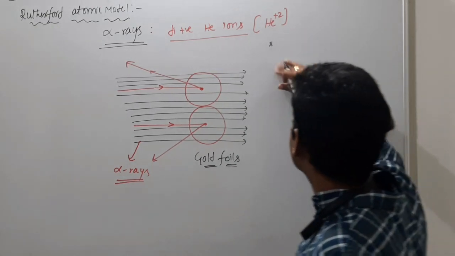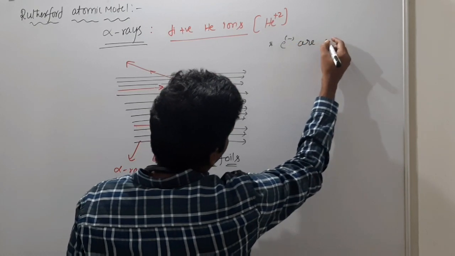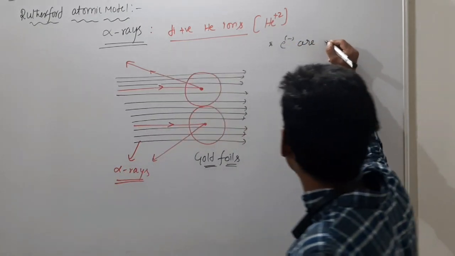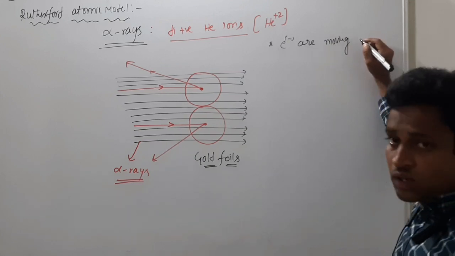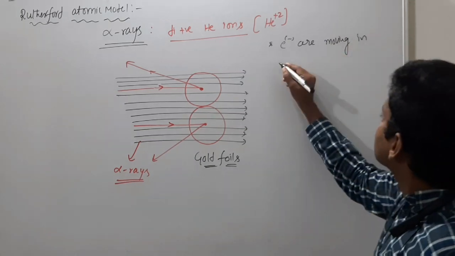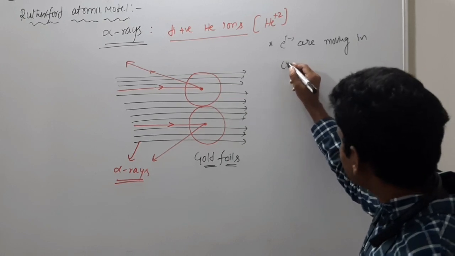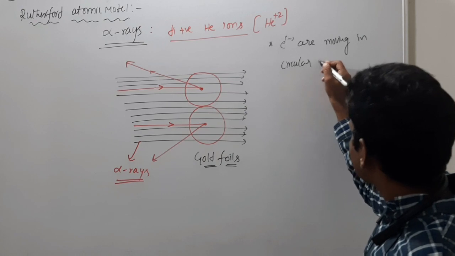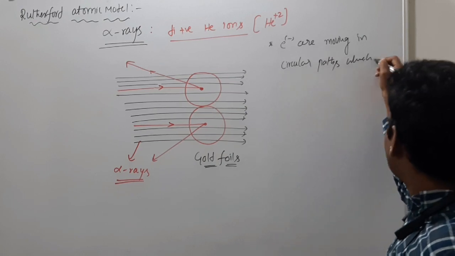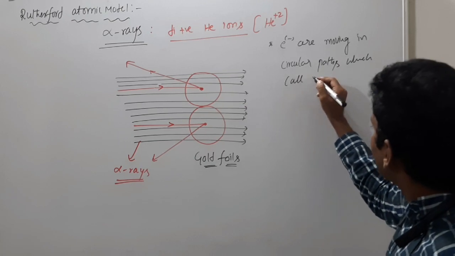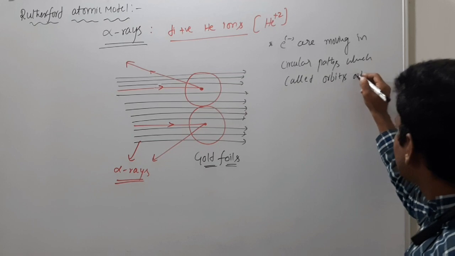Who are revolving, sir? Electrons. Electrons are moving in circular paths which are called orbits or shells.